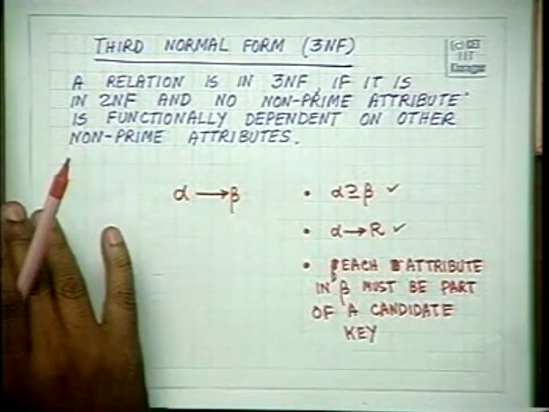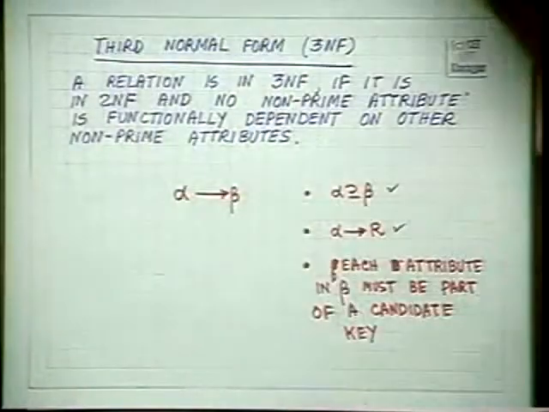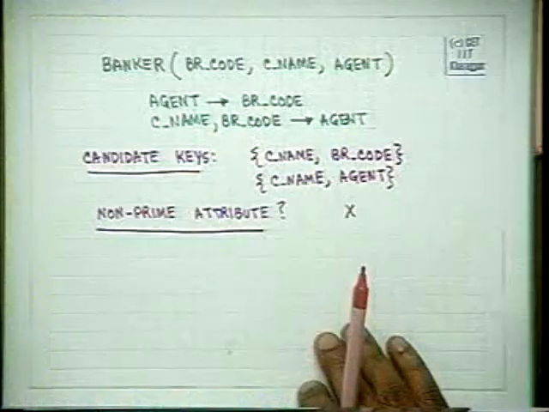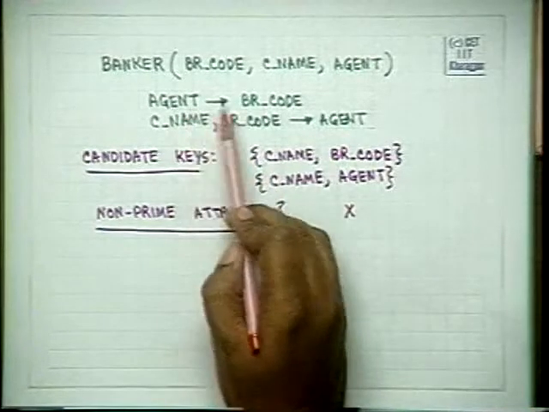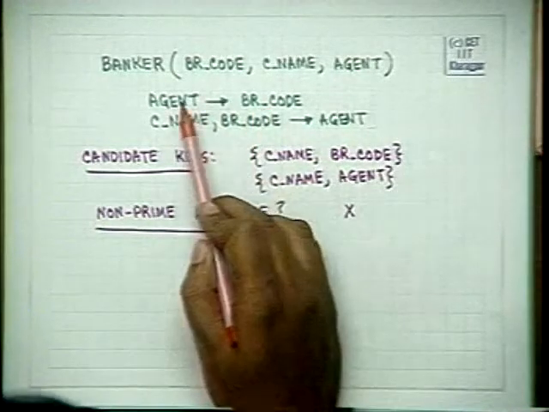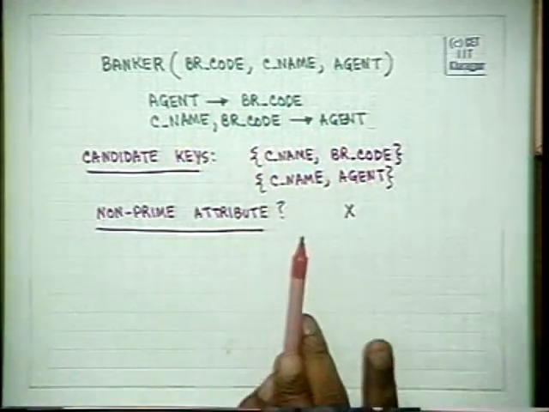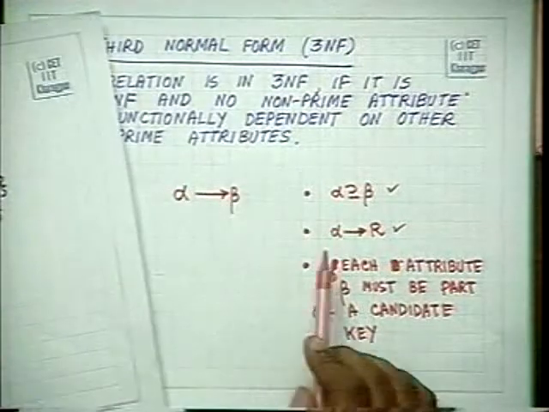If you prevent that one, then what other functional dependency can you have? You can have something like this. This is not a non-prime attribute. See, agent is fully functionally dependent on a candidate key. So alpha to R is satisfied here.